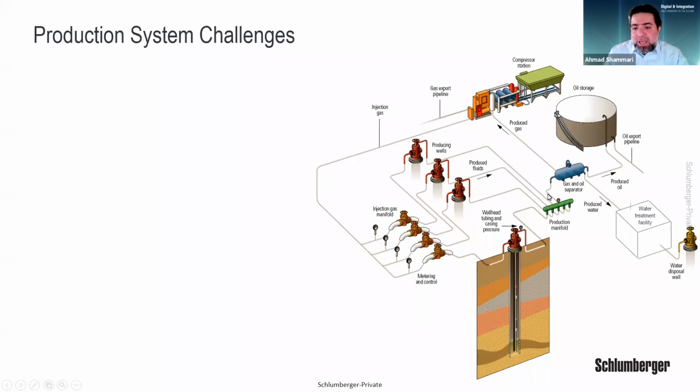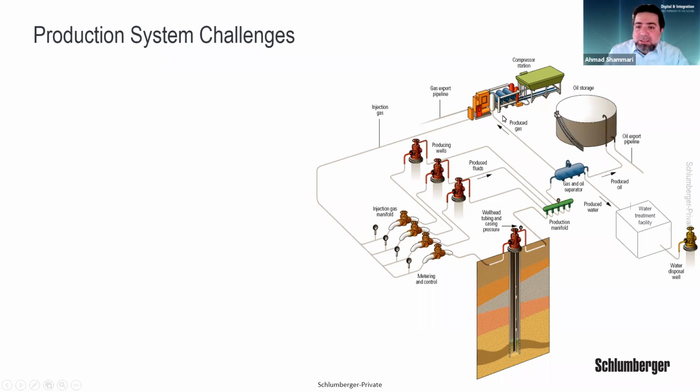And this is the cross section of the well. Then we have what we call the production manifold. These are flow lines, and then we have the production manifold, and then we go to the separation. We go to the separator, the gas and oil separator. Then the separated water will go to the water treatment facility. It can go to water injection or a water disposal well, and the oil will go to oil storage for the export line.